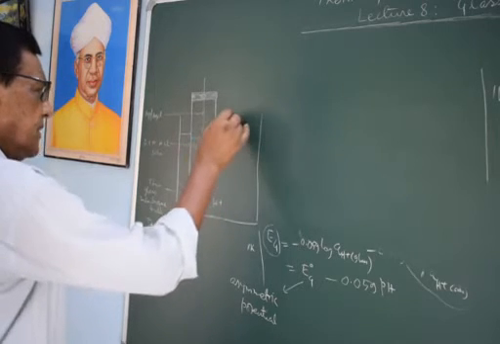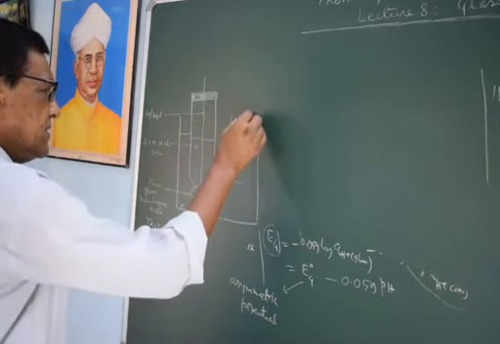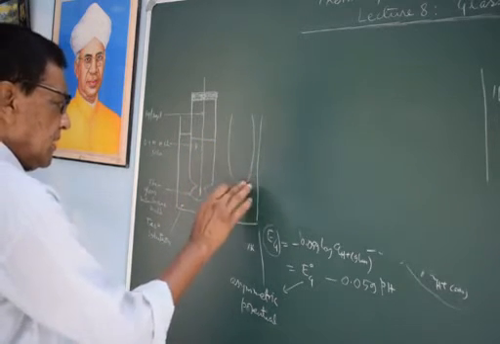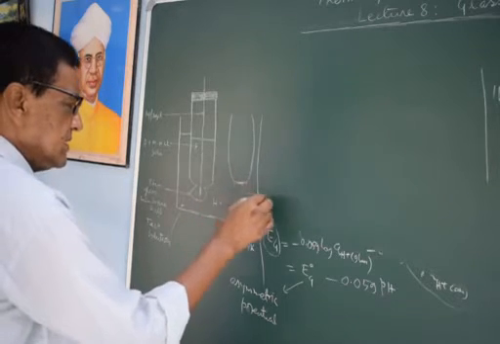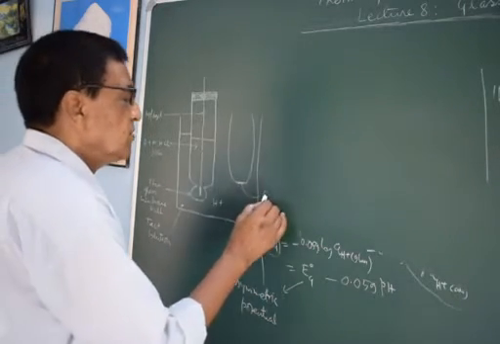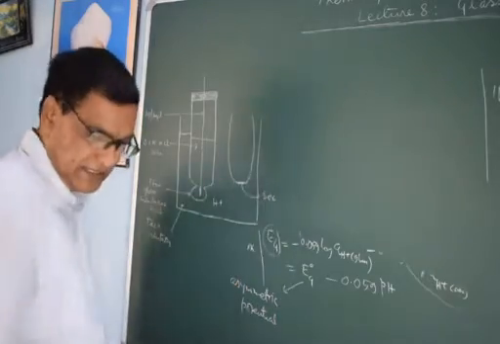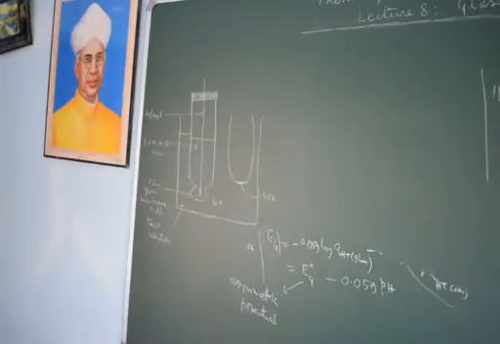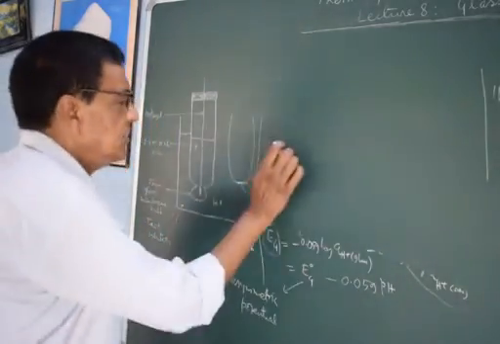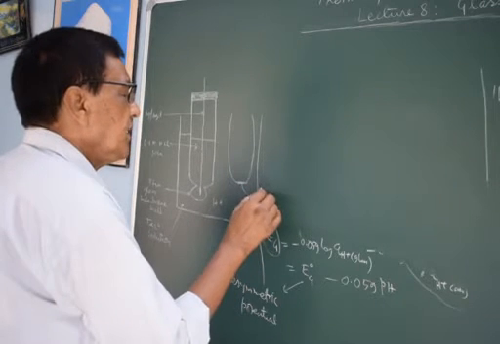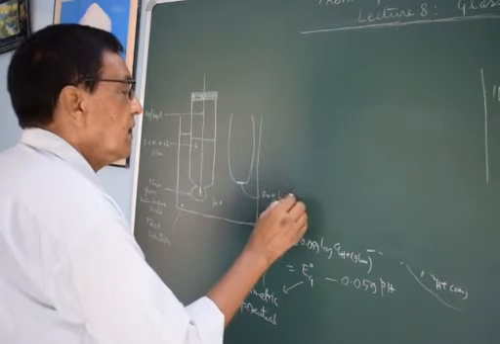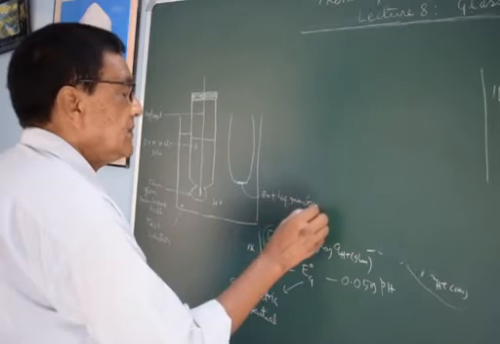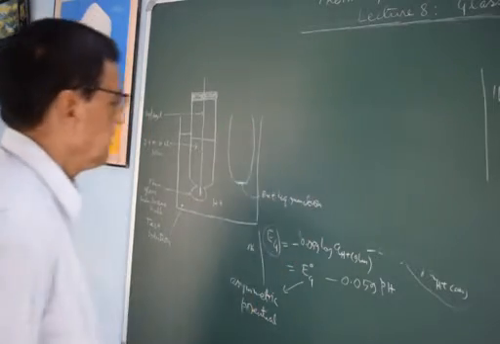Here is another secondary electrode, and this is the external liquid junction, used as the salt bridge.